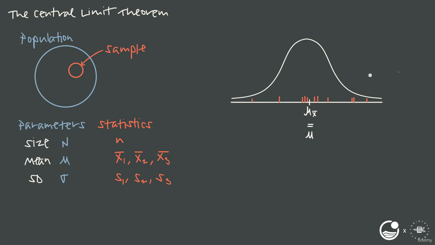We call this distribution the sampling distribution of the sample mean, or SDSM, which makes sense because we're creating a distribution by sampling, and this is the distribution of all of the sample means. So it's the sampling distribution of the sample mean, and the central limit theorem tells us that this distribution will be a normal curve.